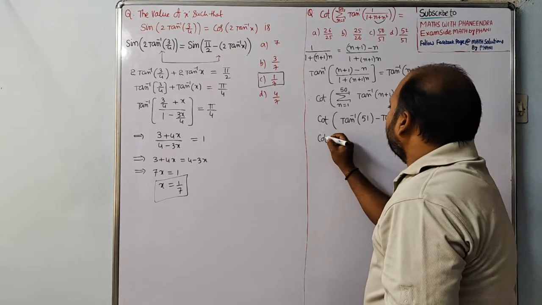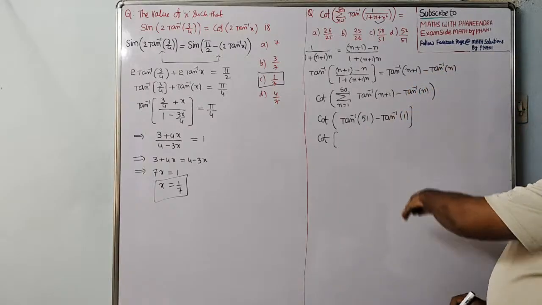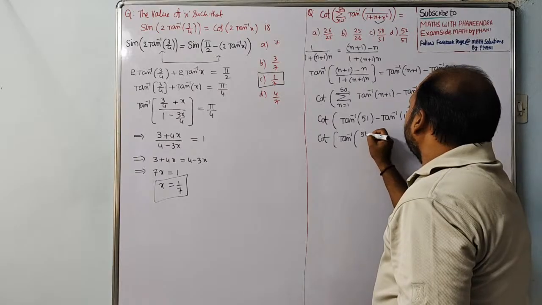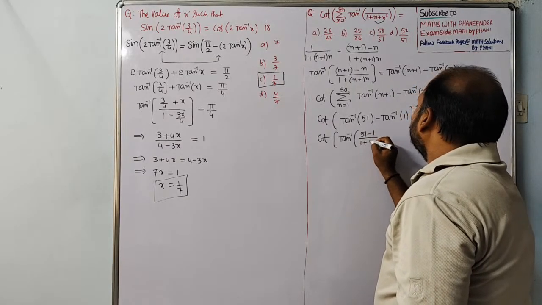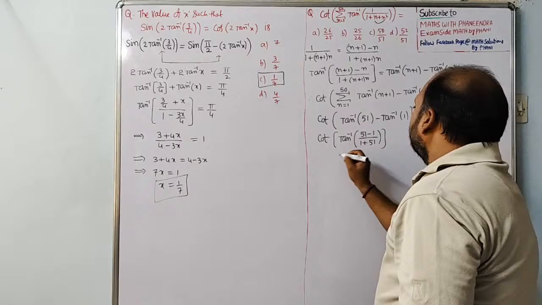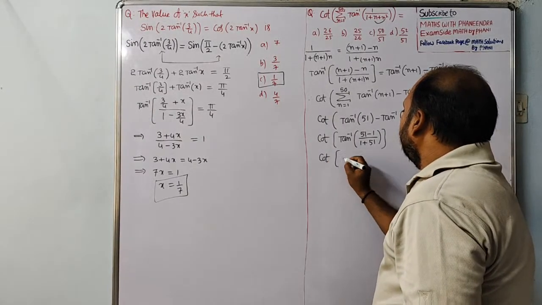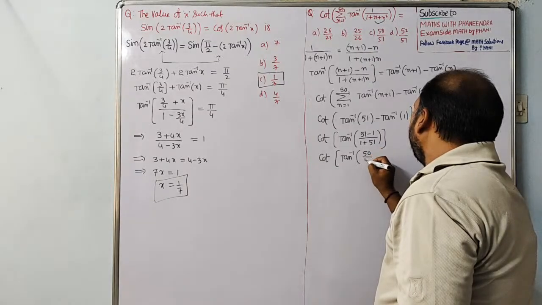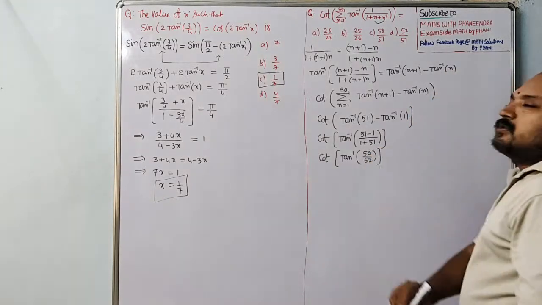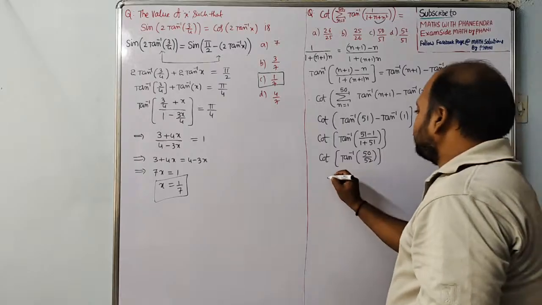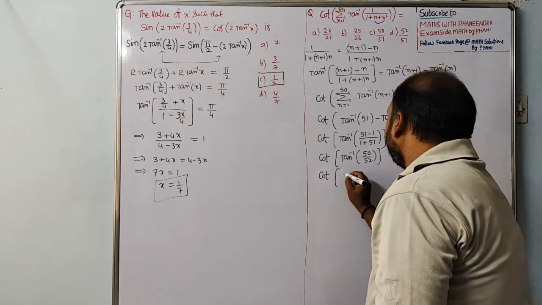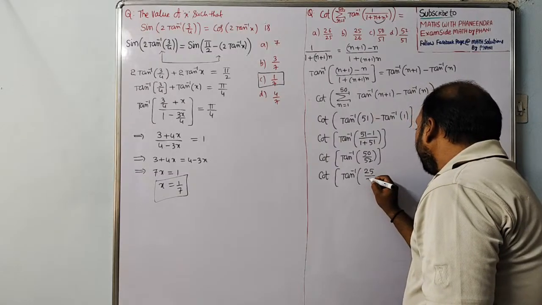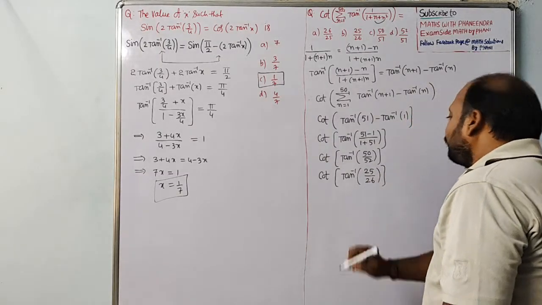So cot of, again tan inverse x minus tan inverse y, tan inverse of x minus y by 1 plus xy. So cot of tan inverse of 50 by 52. So 2 25s are 50, 2 26s are 52. So cot of tan inverse of 25 by 26.